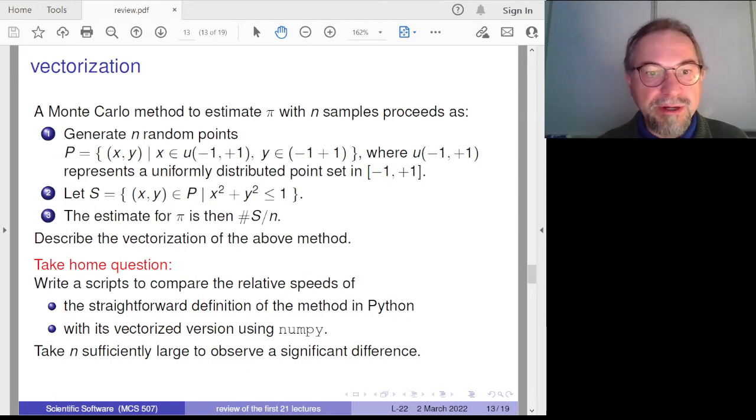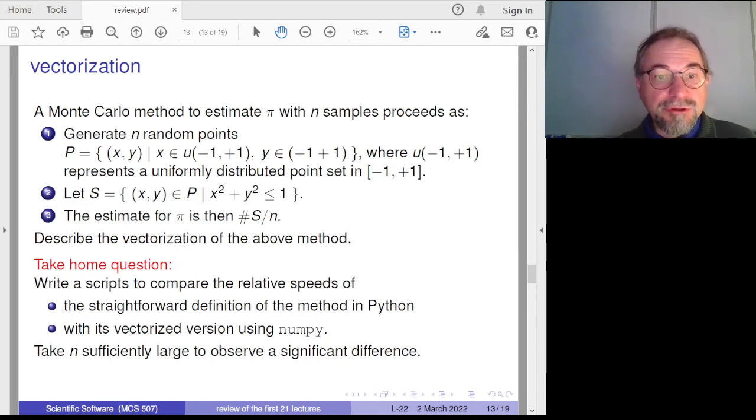You apply the where command in the second step to do the tests. And then the third step is again the built-in summation on vectors. So the vectorization replaces these three steps by methods that work on vectors instead of individual Python objects.